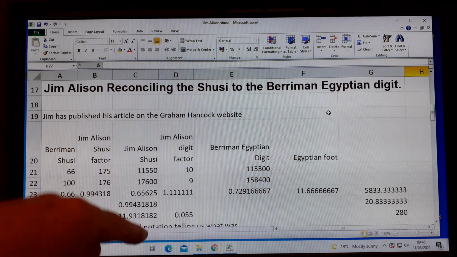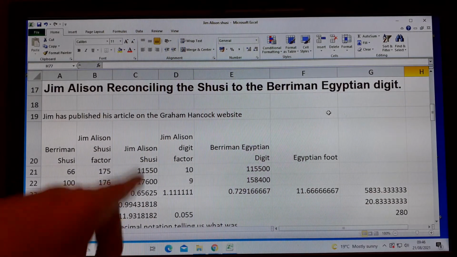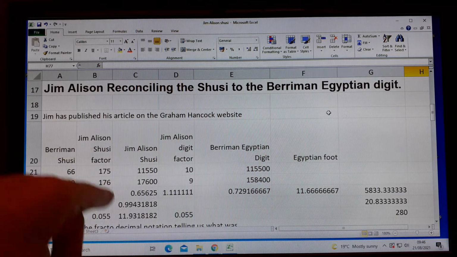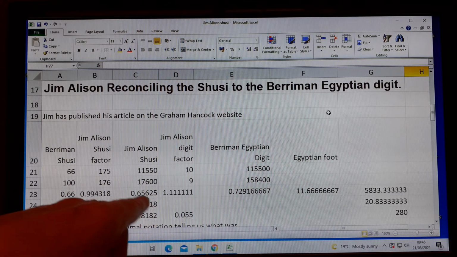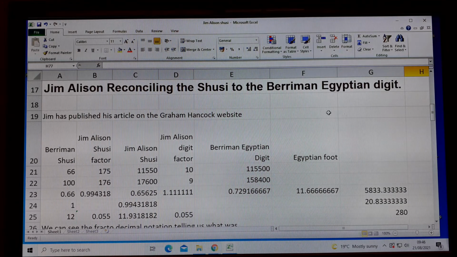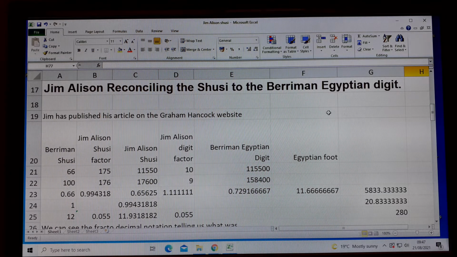And it's still the same when we apply this factor, because everything scales down in Jim's analysis. So the foot is this, and the Shusi is this, and it's still 0.055. And this is the new metrology. The relationships between the units are fixed, but the units themselves are variables.